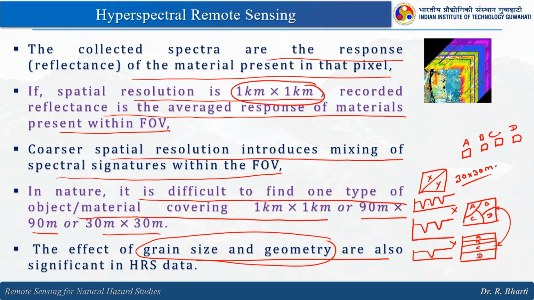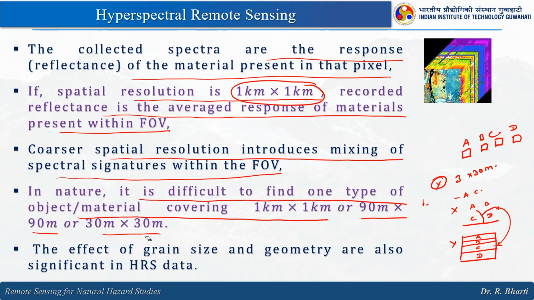So, all of them are present with the same strength, the absorption feature, because this is one line 0 to 1 reflectance, and from here we will see how much absorption is happening here, and this we will calculate the area under the curve, right. And then we will say how much X is present, how much Y is present. So, in such situation, this grain size geometry will also play a critical role.